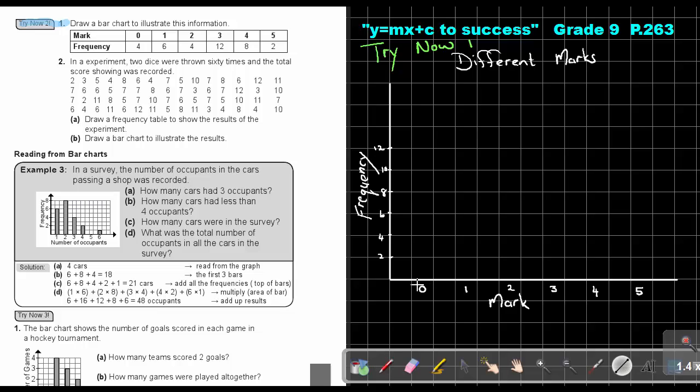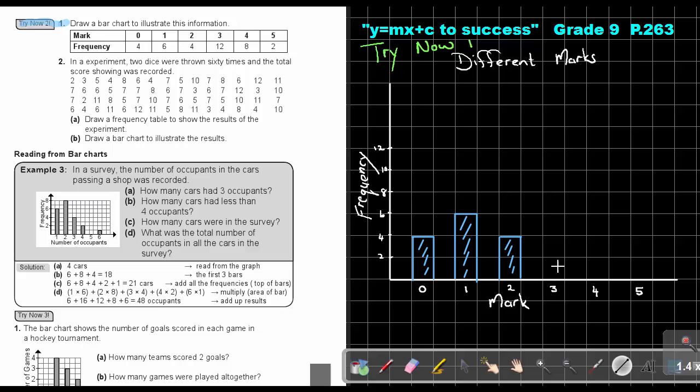I will go, if it's at 0, I will go the frequency up to 4. At 1, I will go up to 6. And at 2, I will also go up to 4. Don't color it in. It's better just to make stripes or something like that, but it's not even necessary.